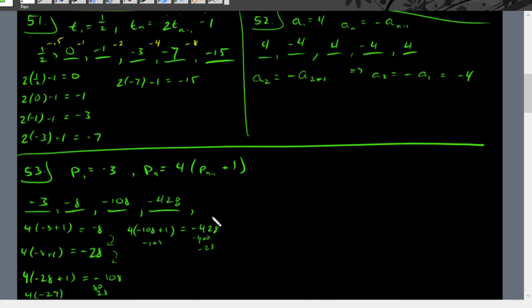Alright, then the last term, you get, well, it's just 4 times negative 400 plus 4 times negative 27, and we know 4 times negative 27 is negative 108. Actually, I got away with not multiplying anything out.